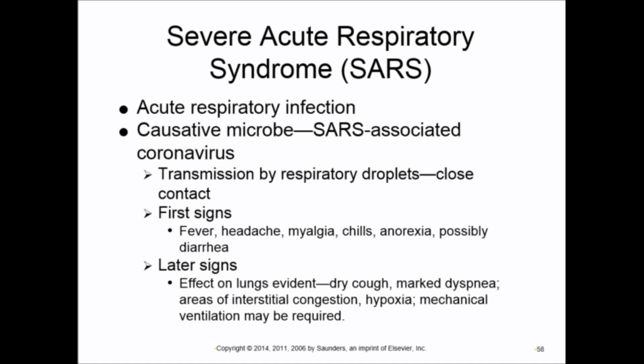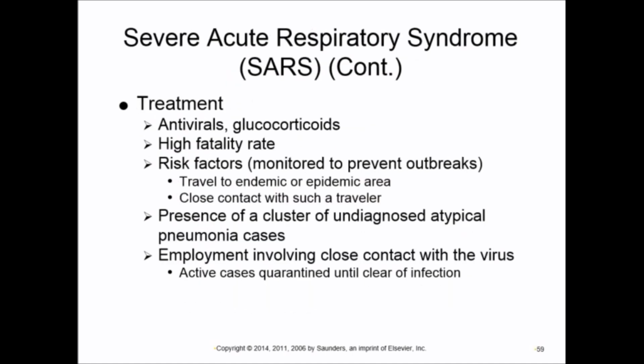It usually starts with fever, headache, some diarrhea a little bit, but later on, when it actually affects the lung, this is a severe form. When it starts with dyspnea, congestion, hypoxia, the treatment can go all the way to mechanical ventilation, and it can be fatal. That's why it's a very aggressive, severe type of respiratory disease.